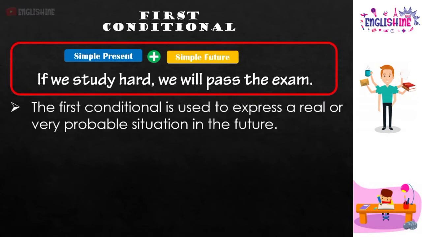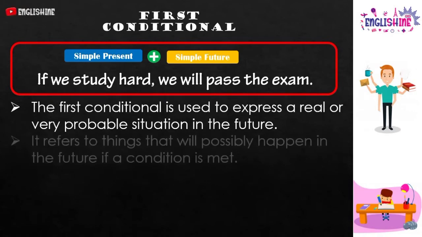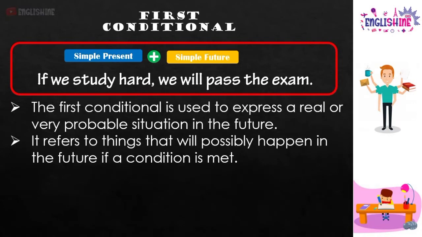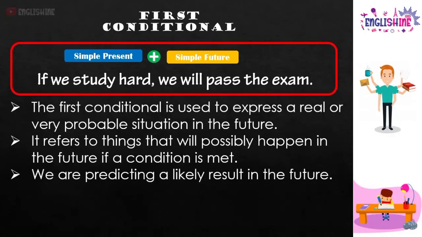The first conditional is used to express a real or very probable situation in the future. It refers to things that will possibly happen in the future if a condition is met. In a way, we are predicting a likely result in the future if some condition happens.